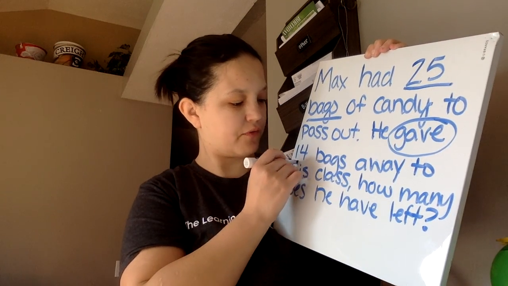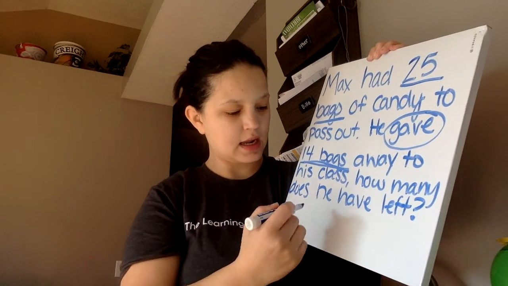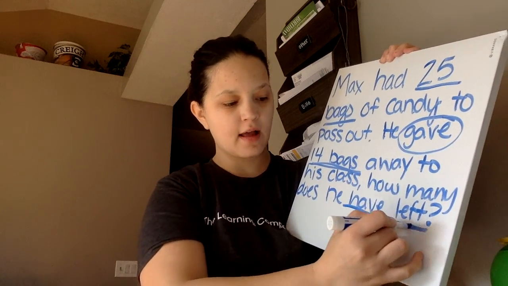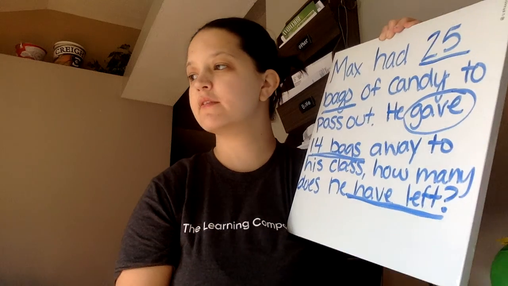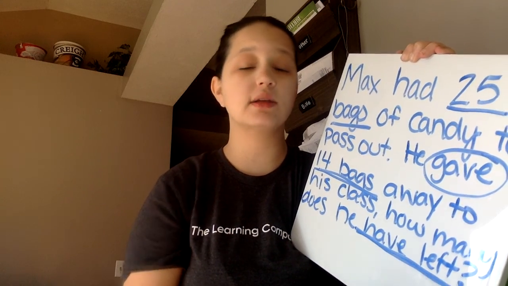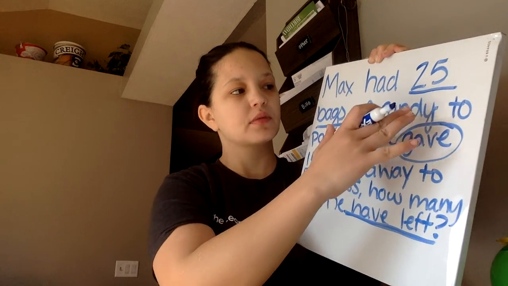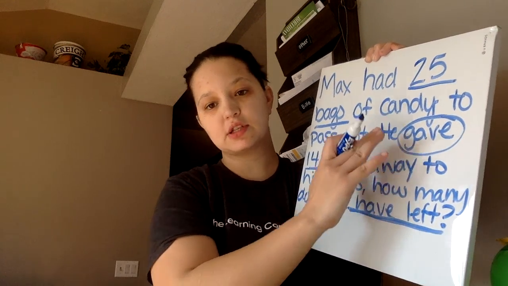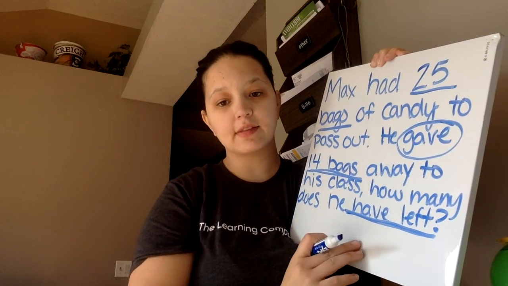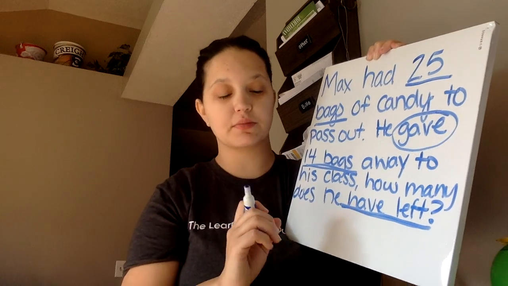And then it says 14 bags. So now it says, how many does he have left? So when we have a story problem, we first have to decide what type of problem it is. So when I am looking at this, I'm looking at these keywords. So gave, have left. So this is going to tell me that it is a subtraction problem.